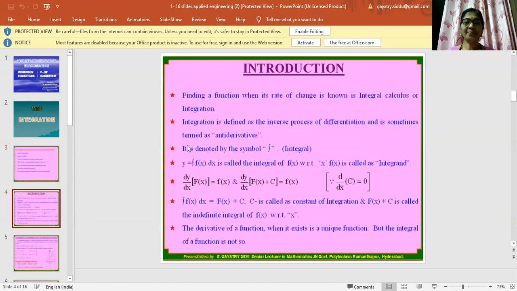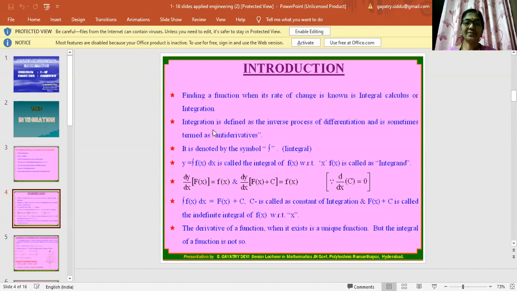Now, introduction. Finding a function when its rate of change is known is called integral calculus or integration.